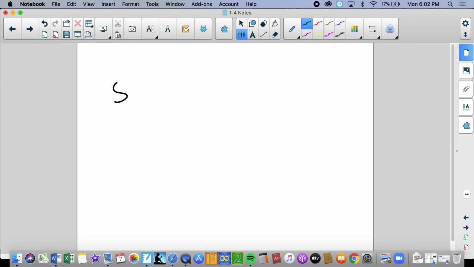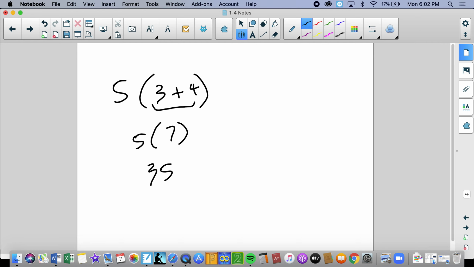If we had 5 times 3 plus 4, well, yes, of course, we're going to combine these two and make it easy. We wouldn't use the distributive property in this case because we can combine the two things inside of the grouping symbols.